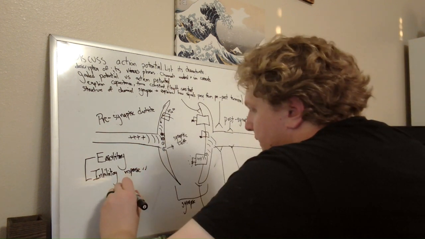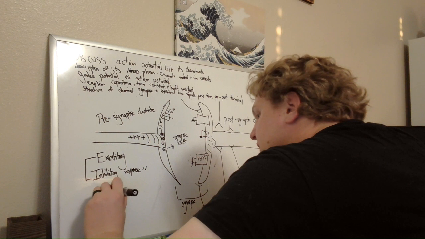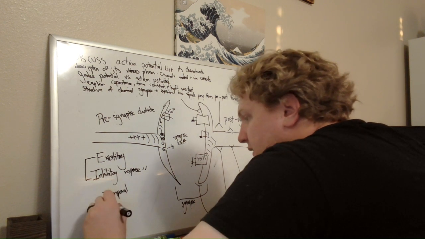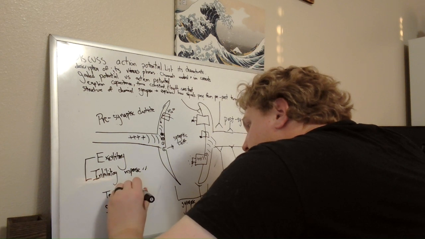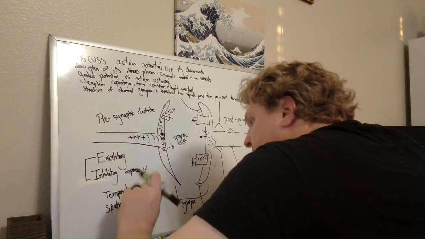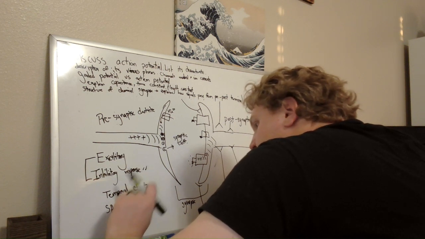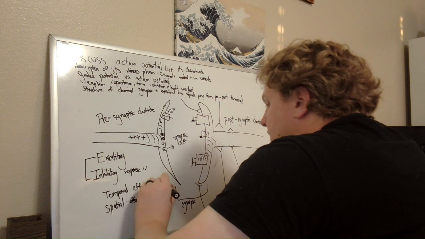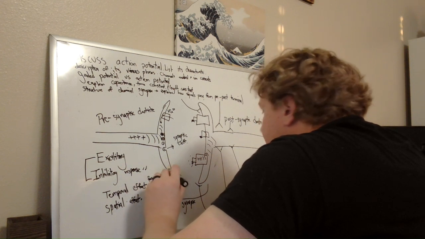Something that can help ensure whether it's an excitatory or inhibitory response would be its temporal and spatial effects. The temporal effect is the frequency of signals.